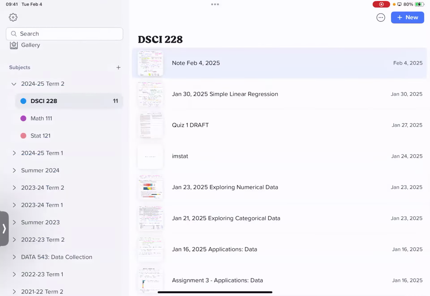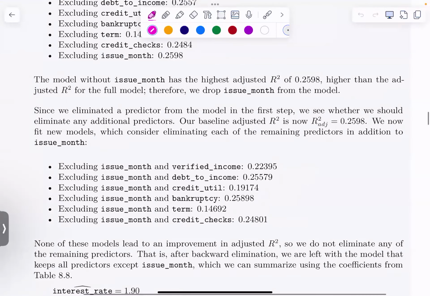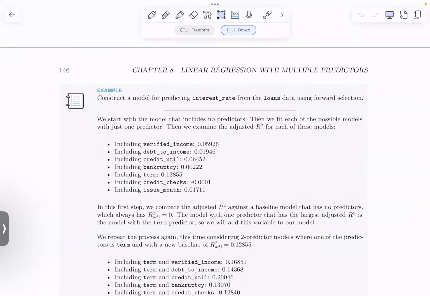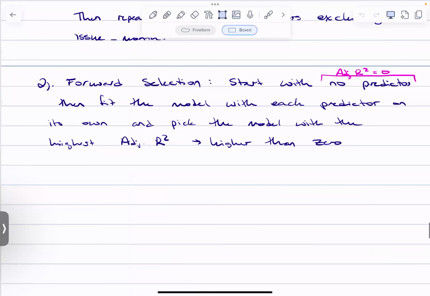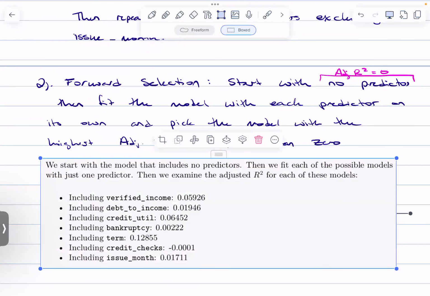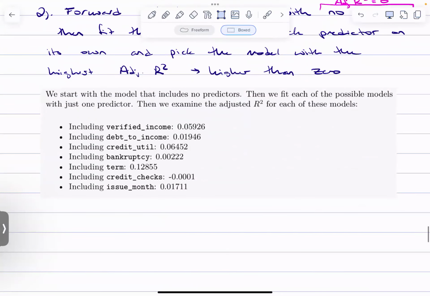And so what might that look like here? If we had to pick the highest adjusted R squared, and we include verified income and use it as our only predictor, we get an adjusted R squared of 0.05926.